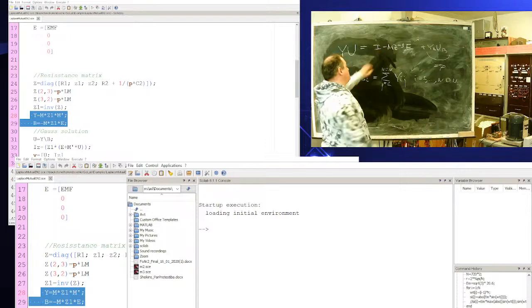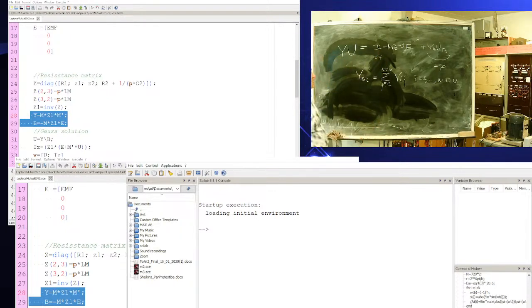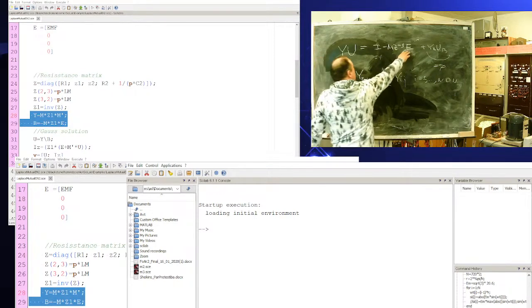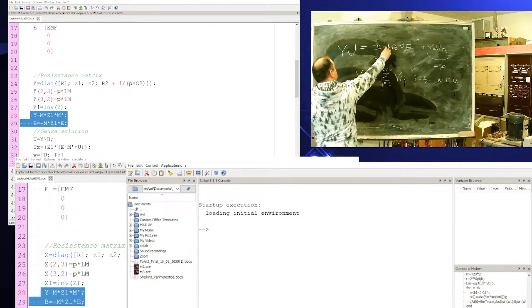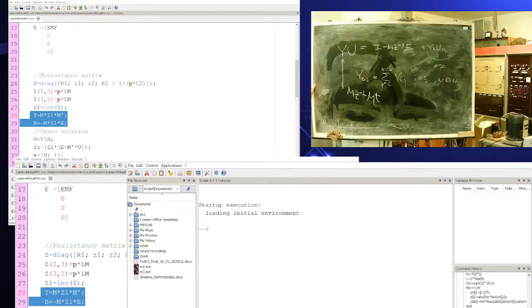In our case, also equals to 0. We don't have current sources here. It's called nodal admittance matrix, and it equals M times inverse resistance and transpose nodal matrix. It's easy.